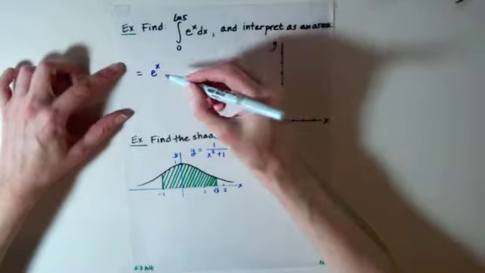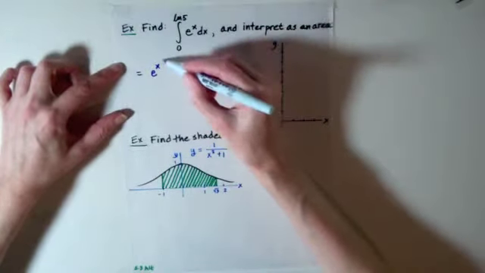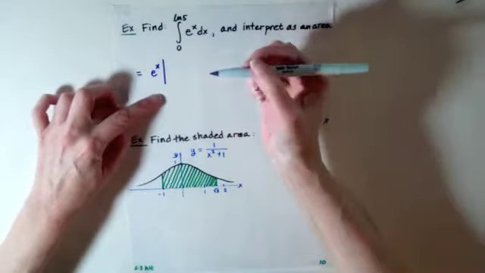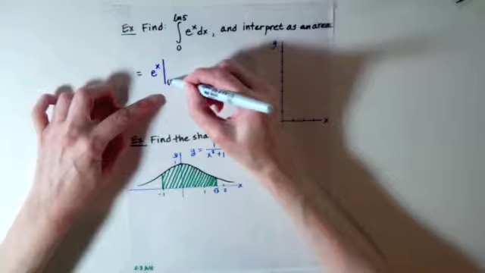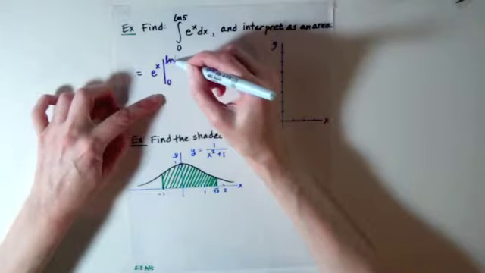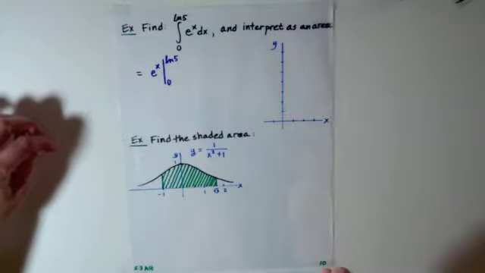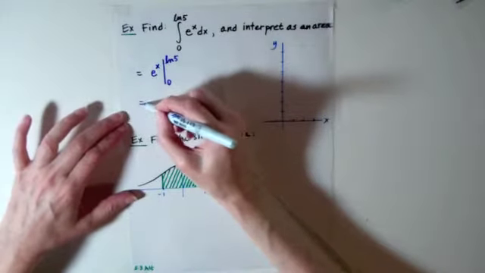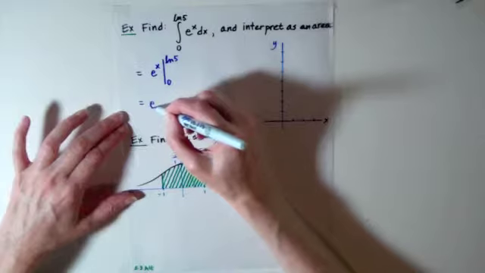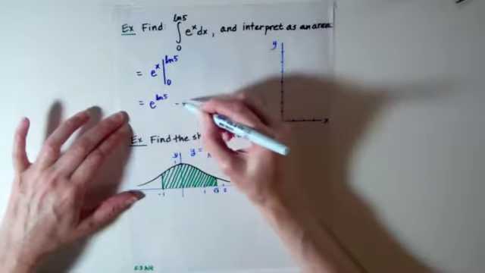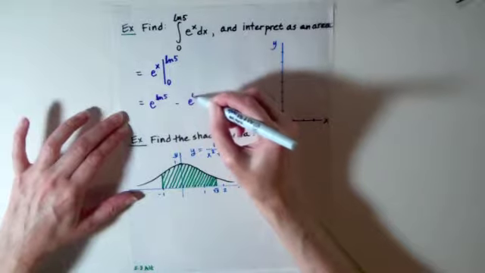Well, I've done my integrating, even though I get the same function. It's just because e to the x is its own antiderivative. But I have to put my vertical line and my limits to remind myself that I still need to plug those upper and lower limits in. Remember that we always plug in the upper limit first, so I would have e to the ln of 5 minus e to the 0.